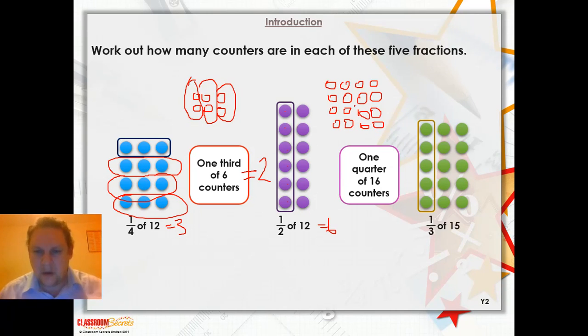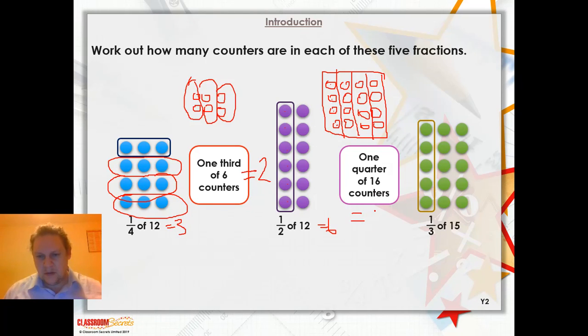Right, we need 4 equal groups. 1, 2, 3, 4 equal groups. Okay, how many in each group? 1, 2, 3, 4. There are 4 in each group. So 1/4 of 16 counters equals 4.